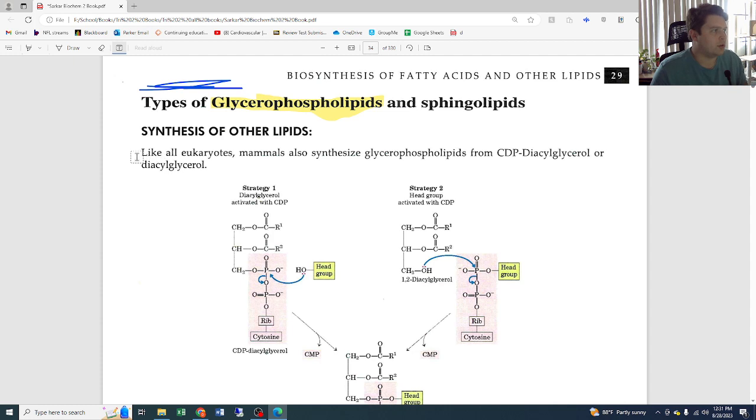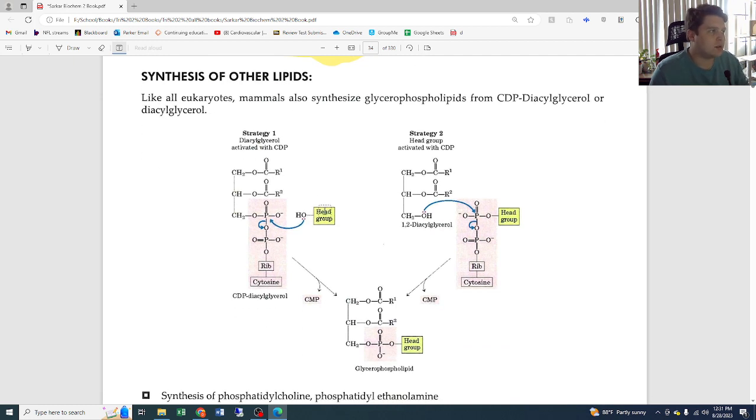Okay, so like all eukaryotes, mammals also synthesize glycerophospholipids from CDP diacylglycerol or diacylglycerol. So diacylglycerol is going to be what we're going to use to synthesize some of our other glycerophospholipids.